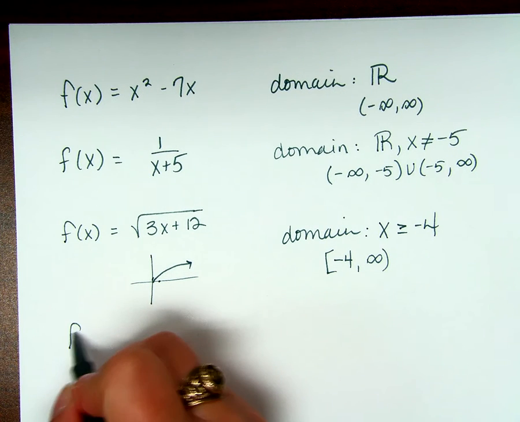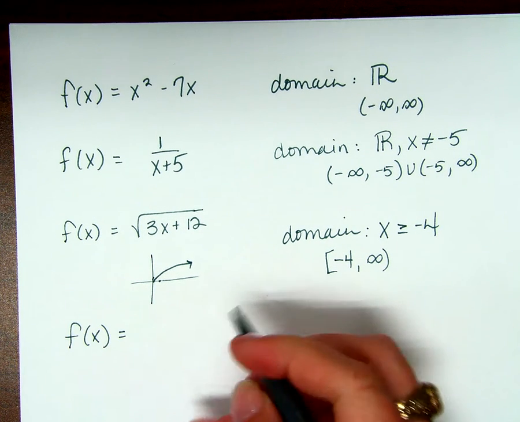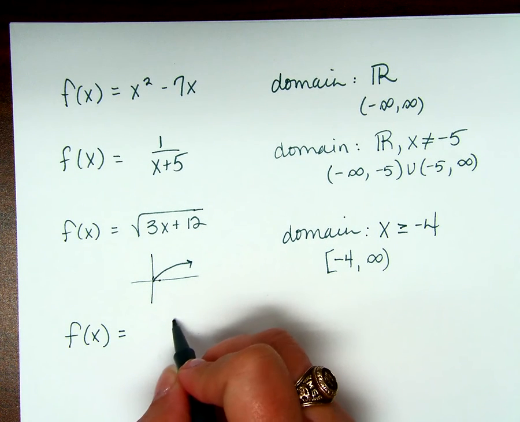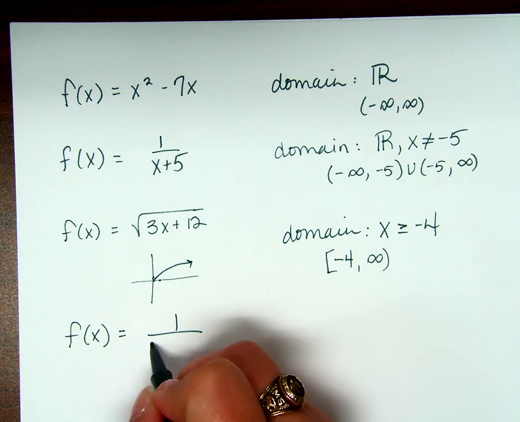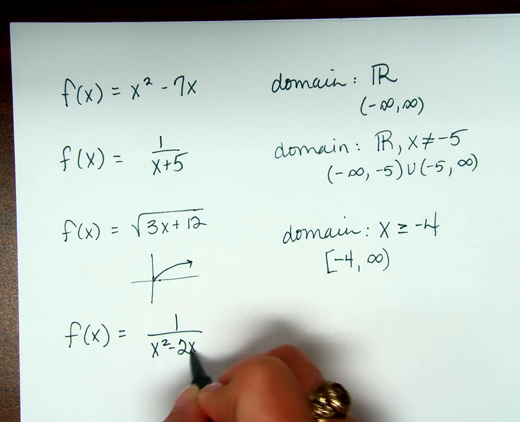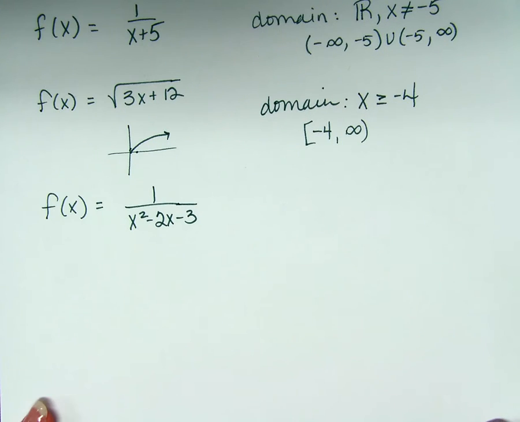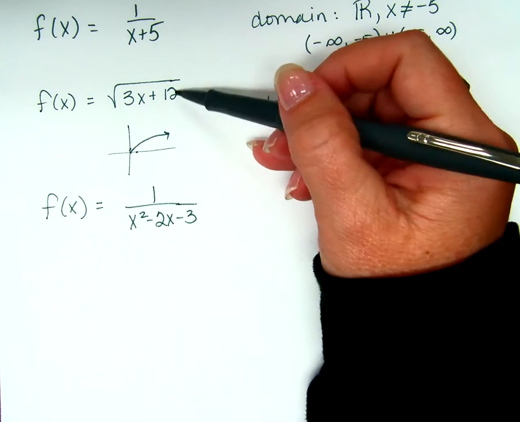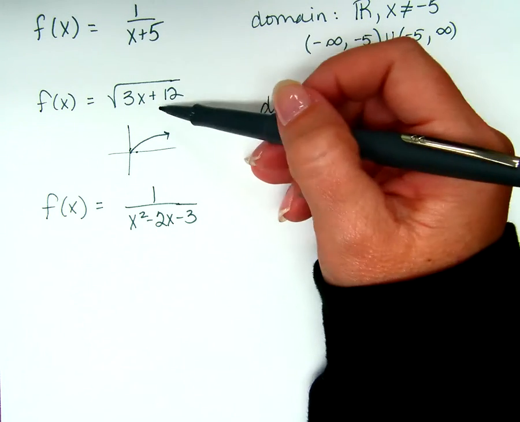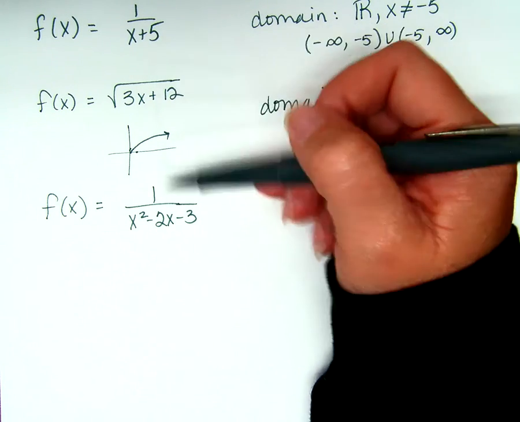One more, and then we'll talk a little bit more in general. 1 over x squared minus 2x minus 3. What we said we do in situations like this is we set either what's inside the radical or what's in the denominator equal to 0.